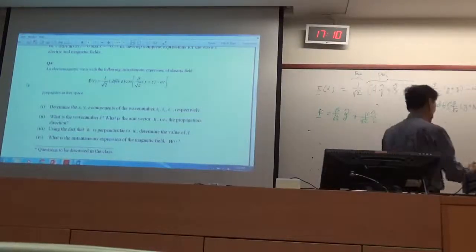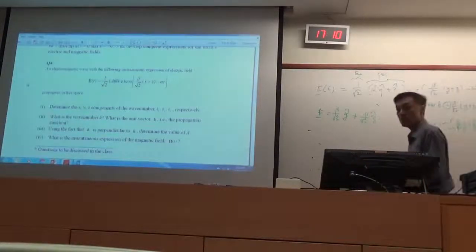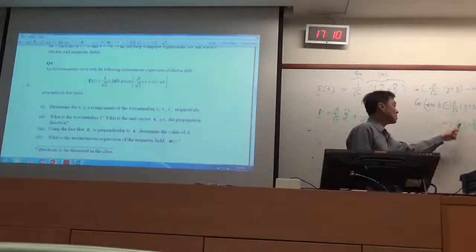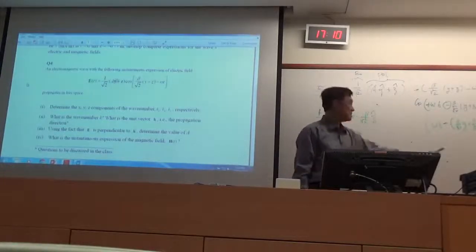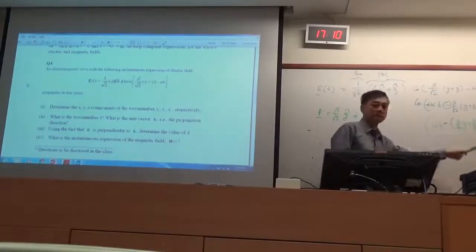Now because this one I can write as minus beta over square root 2 y plus beta over square root 2 z. I just multiply the beta over square root 2 in. If I multiply beta over square root 2 in, this is what I get. And since there's a minus sign here, this is plus plus.